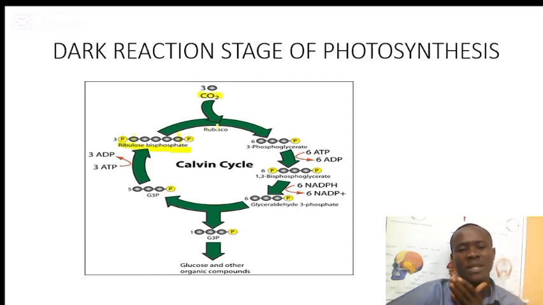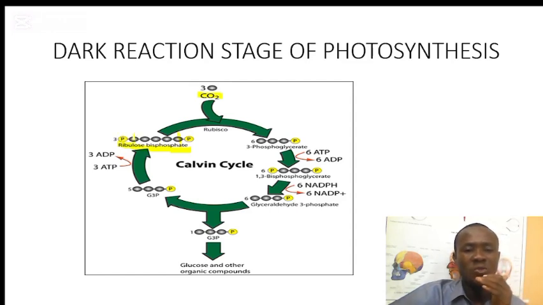And during this process, after the ribulose 1,5-bisphosphate has accepted the CO2, many intermediate molecules will be formed which are very unstable. The first stable compound that will be formed is called 3-phosphoglycerate. So you also need to take note of the number. You can see we have 3 here in front of the ribulose 1,5-bisphosphate.